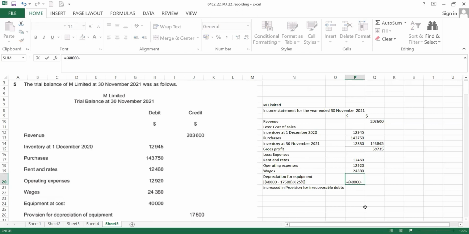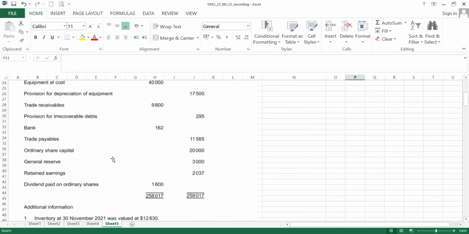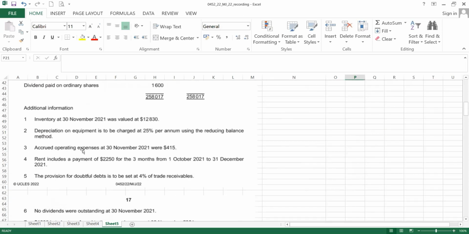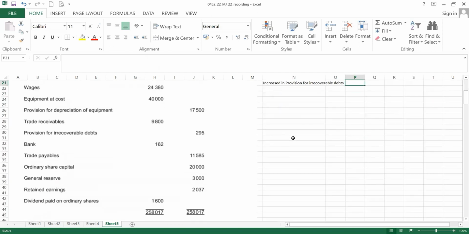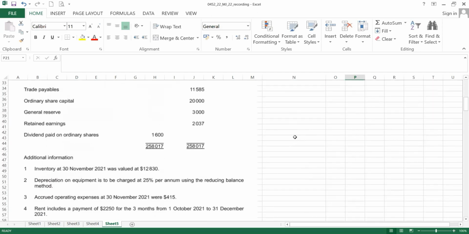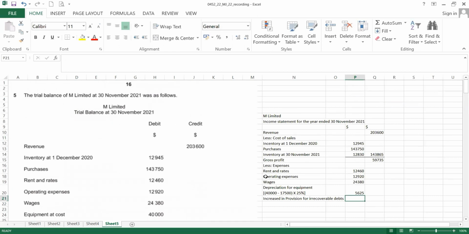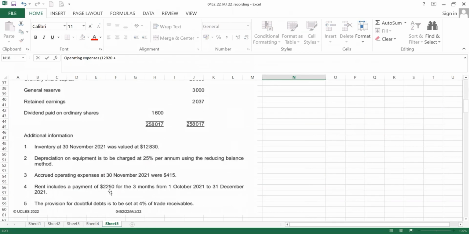And then accrued operating expenses 415. Accrued operating expenses have to be added. So 12,920 plus how much? Plus 415.